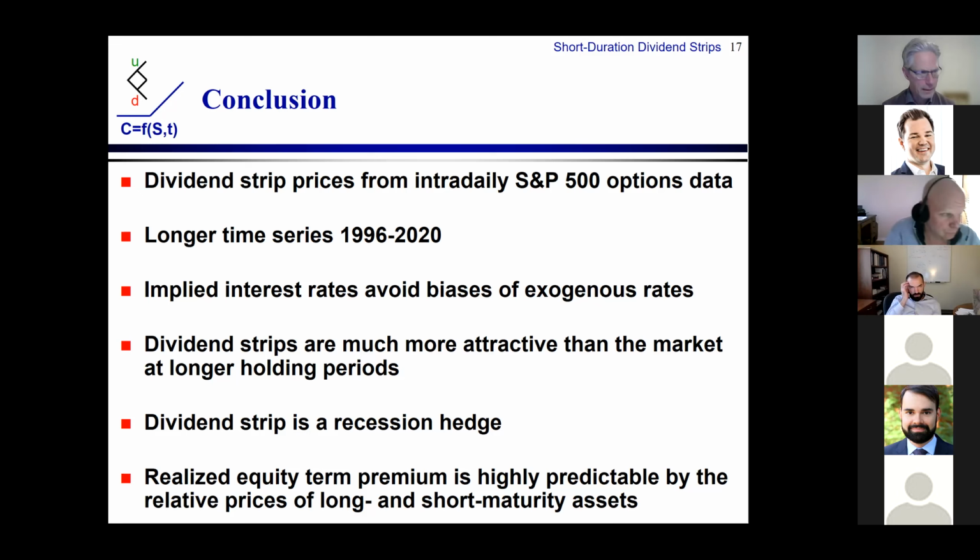We use the implied interest rates instead of exogenous interest rates to avoid any bias and to avoid that these strip returns are being inflated unduly. And what we show is that the dividend strip returns are much more attractive than the market returns at longer holding periods. This is important.